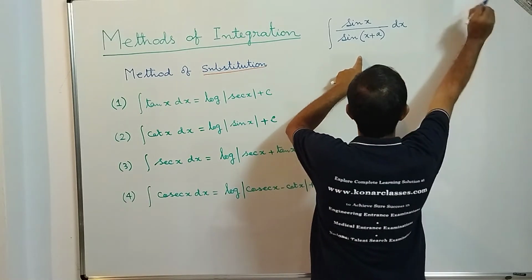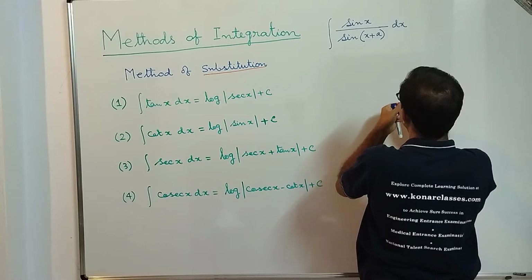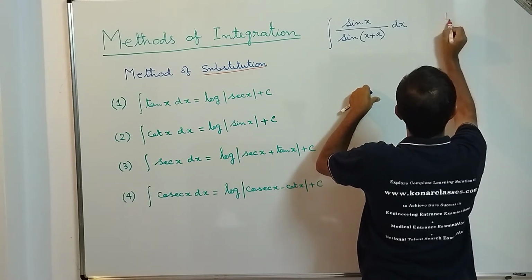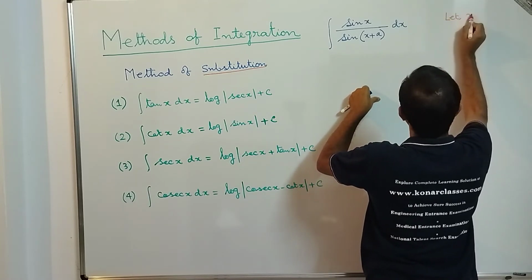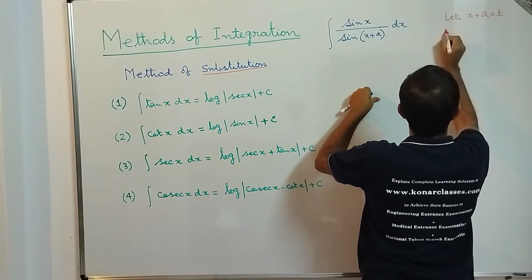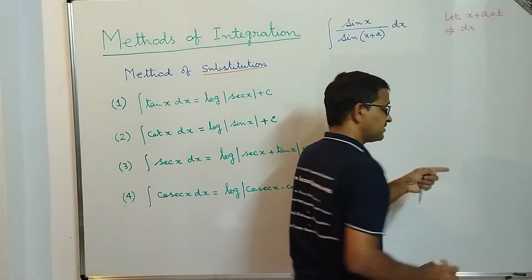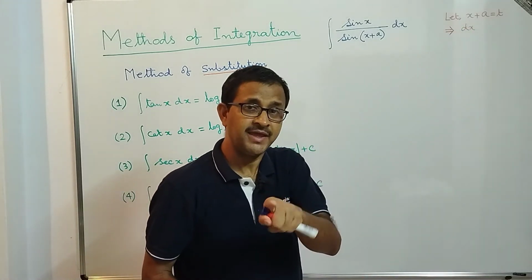Keeping this in mind, the substitution you can make here is: let x plus a be equal to t. This implies dx equals dt, because the differentiation of a is zero, as it is a constant.